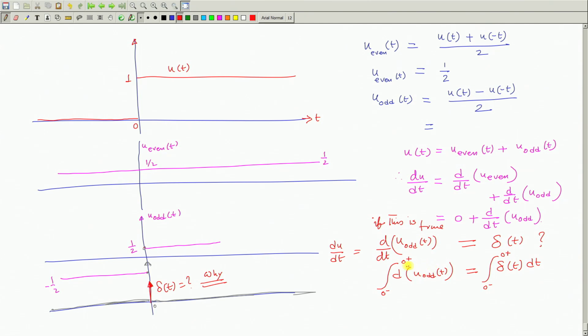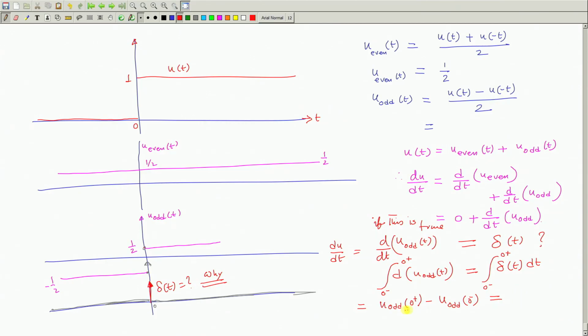So, this integration will simply tell you that u odd t at t equal to 0 plus, this integration will be this one only, then put the upper limit, minus u odd at 0 minus, and this side I know.